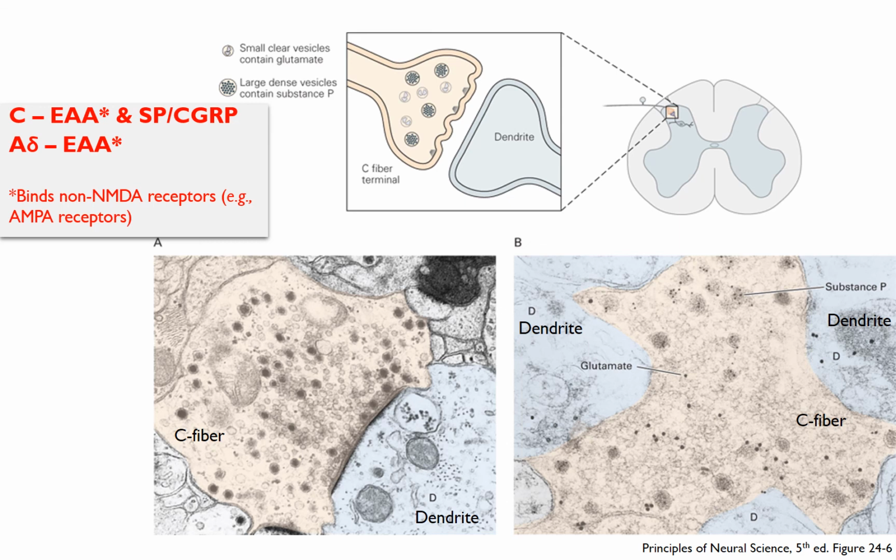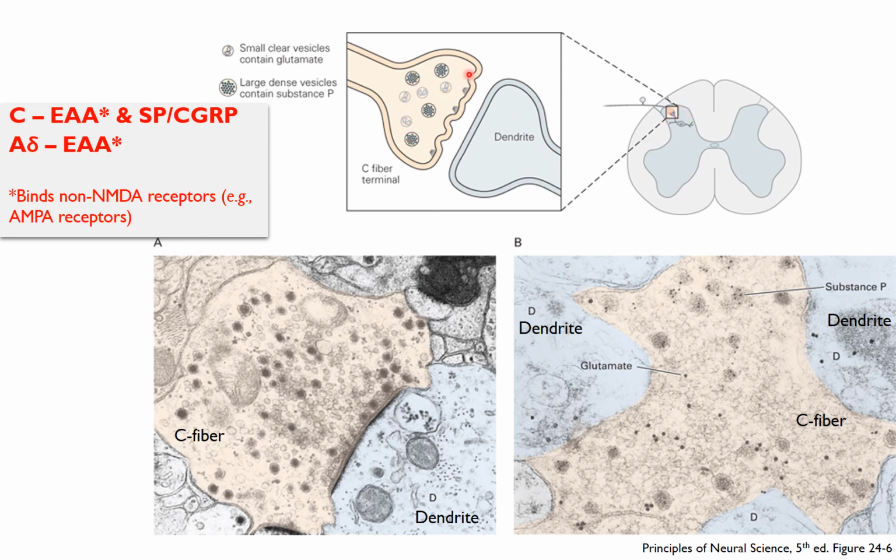I think it's easier to look at the graphic at the top first. This is that hypothetical ending of the nociceptor. The yellow is the nociceptor itself. This is the primary afferent neuron. It is a C fiber. It synapses with the secondary sensory neuron in this signaling cascade in the dorsal horn, which is shown here.